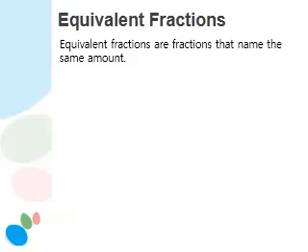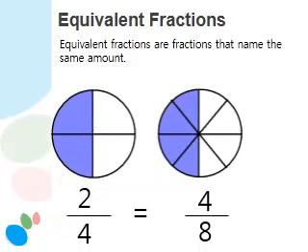We don't say equal because actually you're not going to have the same numerator and the same denominator, as you can see in this example. In the first drawing we have 2 over 4, while in the second one we have 4 over 8. We don't have the same numbers, but they actually express the same amount. If you look at the first circle, we divided the circle into 4 parts and we colored 2 out of them.